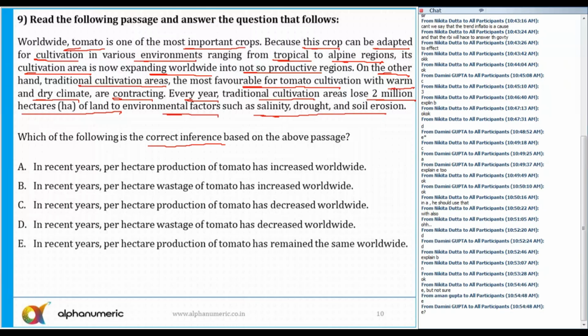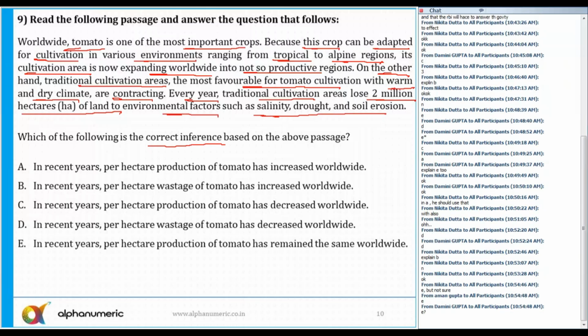What do you think? E. No. Number C. In recent years, per hectare production of tomato has decreased worldwide. Why? Because what is happening is, even though the area is expanding, earlier the area was just this much.